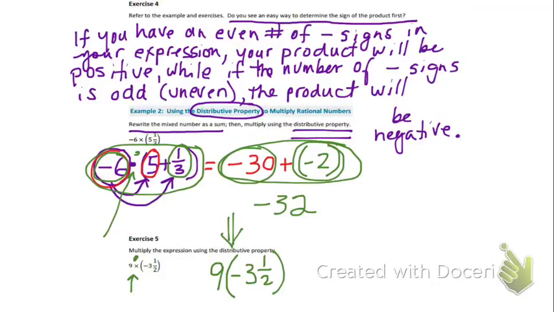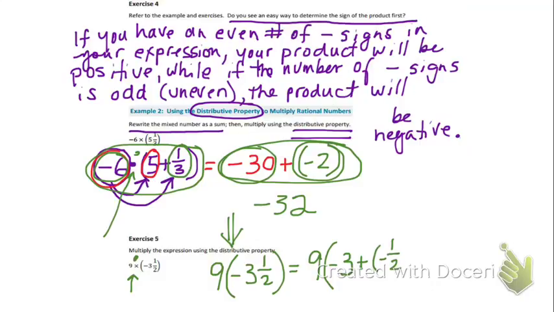But again, if we're going to write this, we're going to take the mixed number apart into its two parts, its wholes and its fractions. It's going to look like this. We have 9 times -3 plus -1/2.